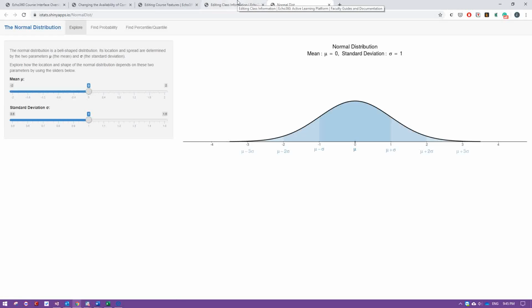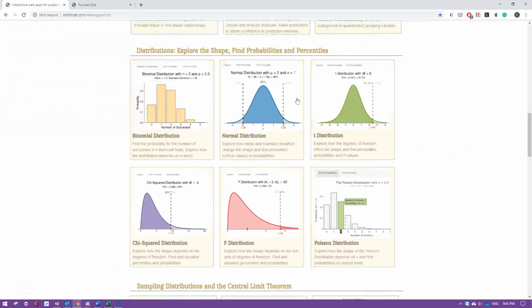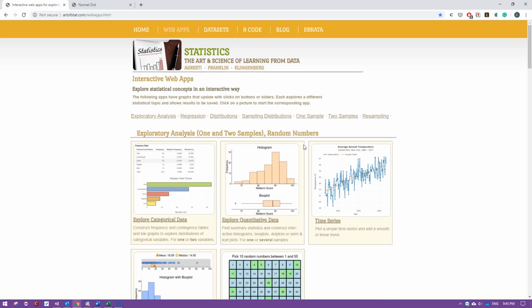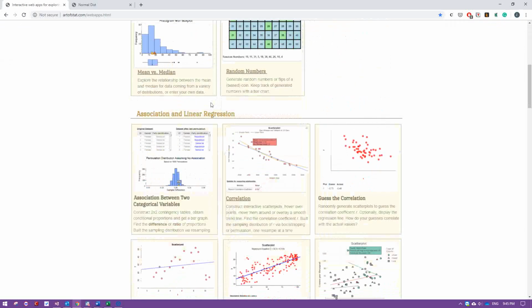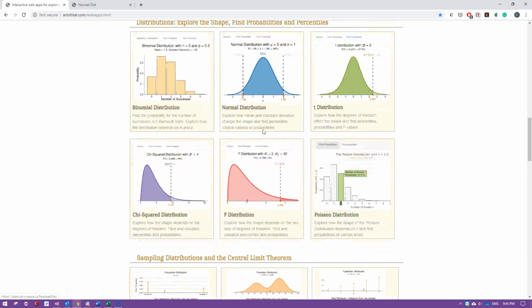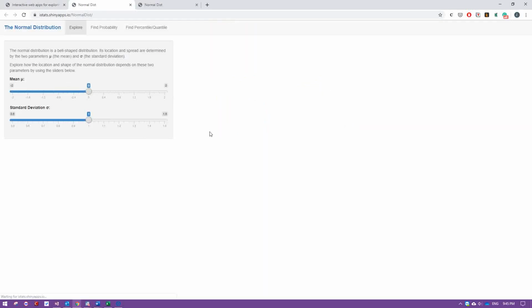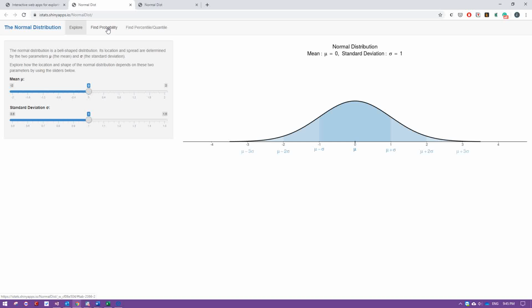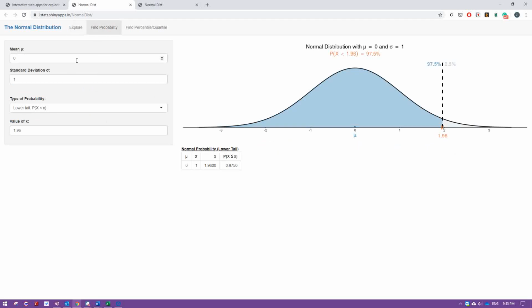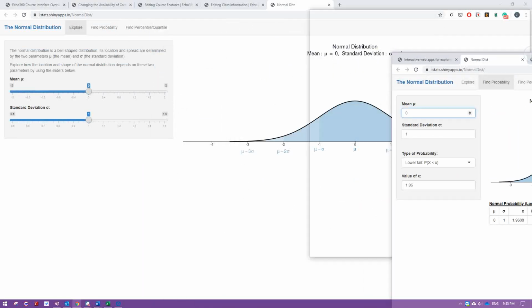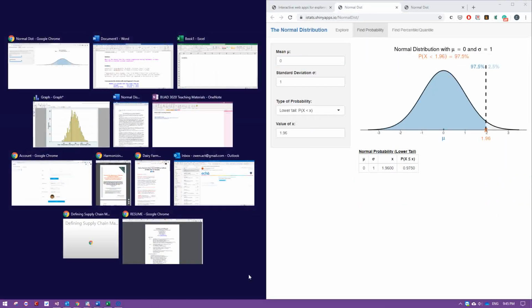Okay, so yeah, in order to help you understand a little better, let me open up my STAT website one more time. So again, this is a website I want to open. So again, we'll go back to the Art of Stat. If you scroll down in the middle, you'll see the normal distribution tool. You click it. You go to the second tab, find probability.